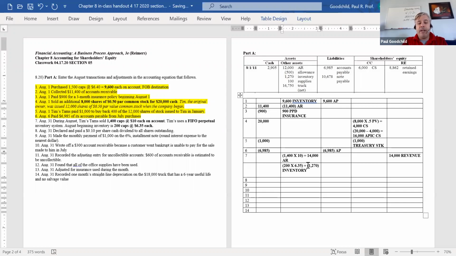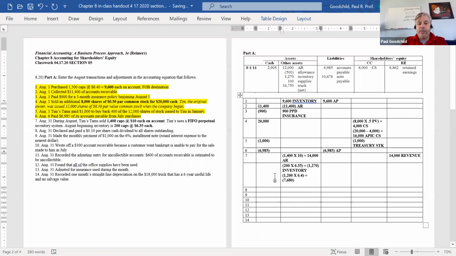And then the remaining 1,200 comes from our purchase in number one. And so that was 6.4. So let's multiply that out, and that equals 7,680.